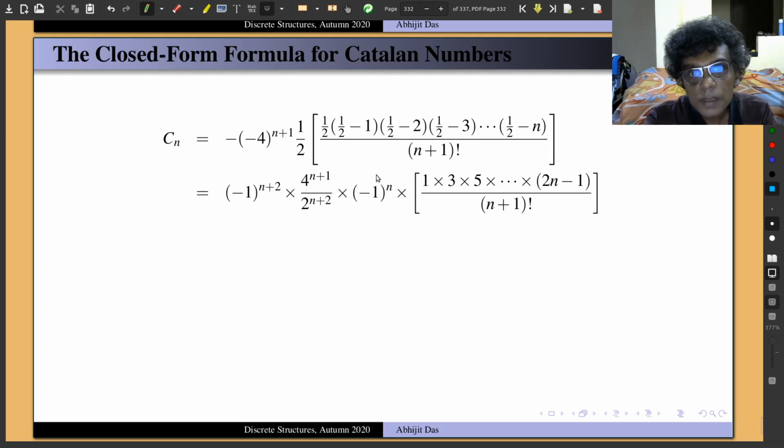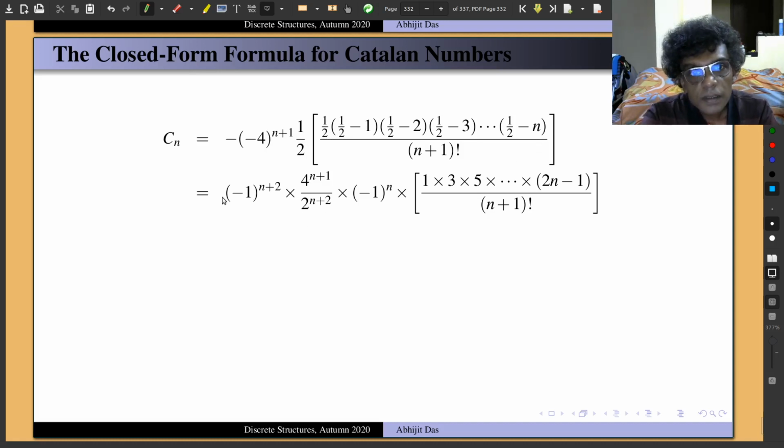Then I just have 1 times 3 times 5 times up to 2n minus 1 over n plus 1 factorial. And I have taken out minus 1s, and minus n plus 1 times this. How many halves are there? This is 2, 2, 2, n plus 1 times, plus here 1, 2. 2 power n plus 2.